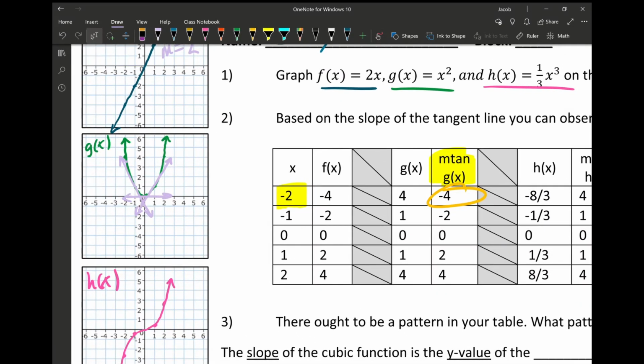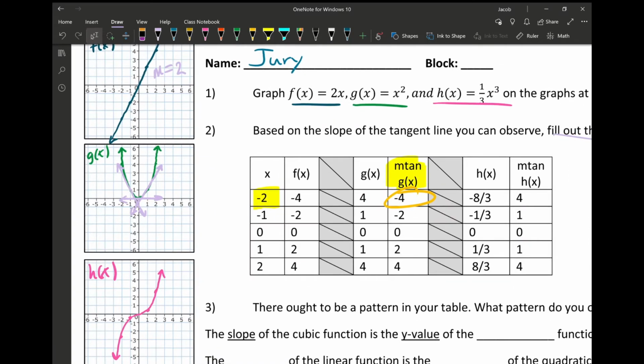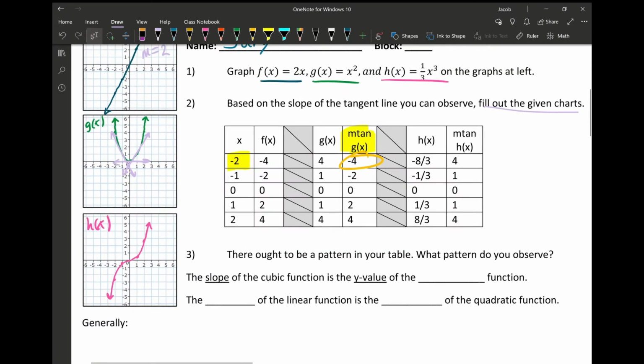So if we were to look at the pattern in this table, you might notice some similarities between the columns. For example, the y values of the original, the 2x, are the same as the slope values for g of x.